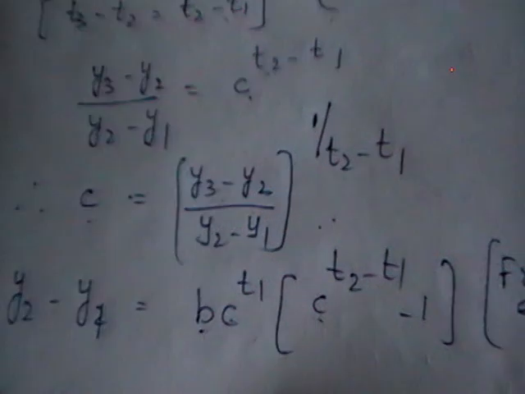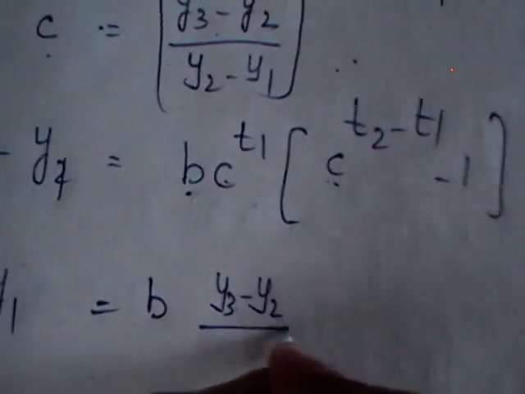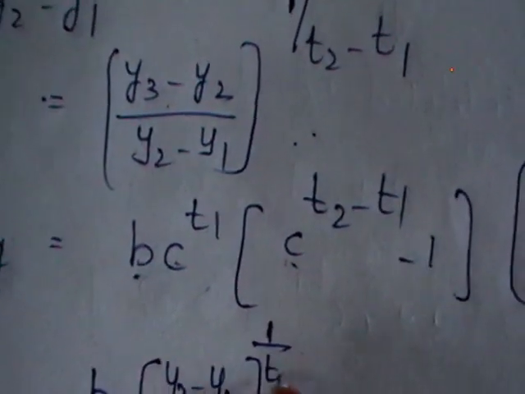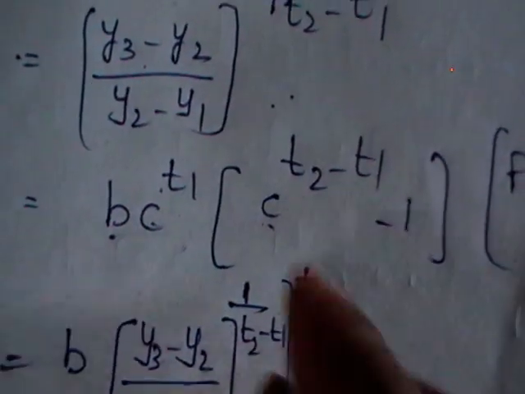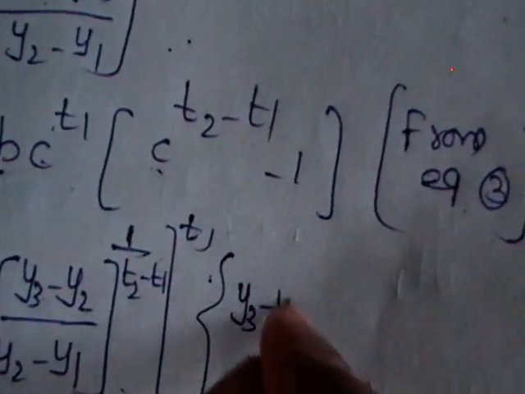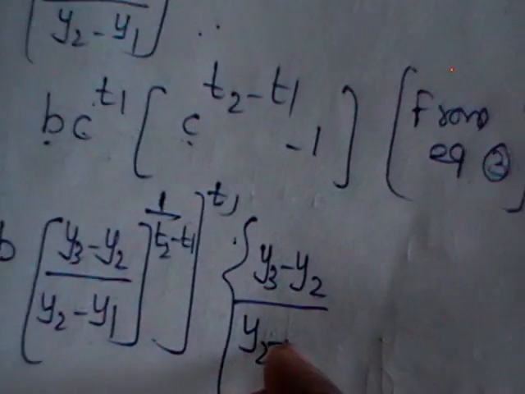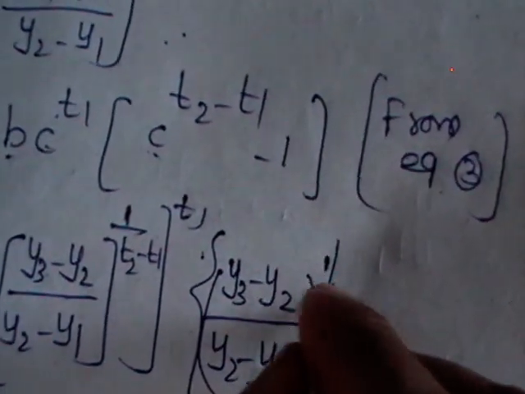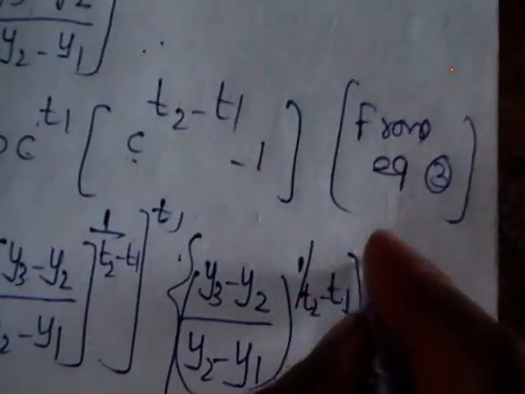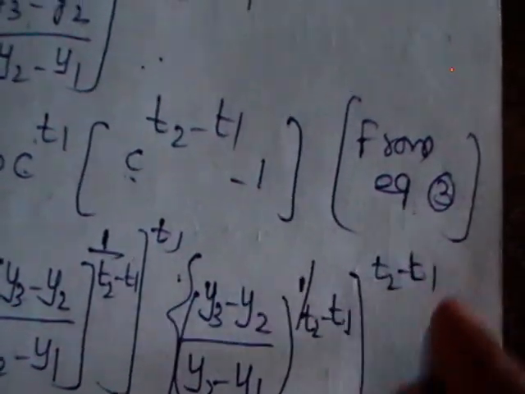C is this value: y3 minus y2 by y2 minus y1 whole power 1 by t2 minus t1, whole power t1, into, what is c again? C, you put the same: y3 minus y2 by y2 minus y1 whole power 1 by t2 minus t1. This is the value of c. On the whole you have again t2 minus t1 minus 1.